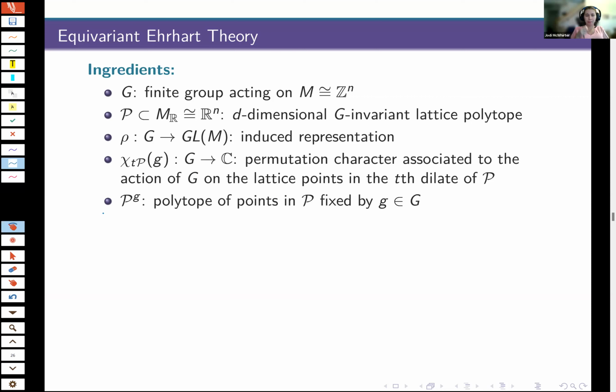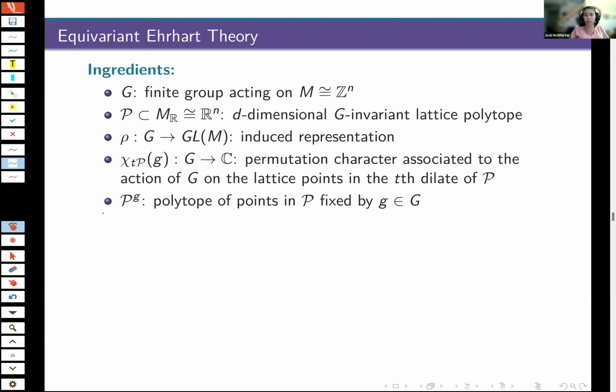For instance, one thing you could have is a centrally symmetric polytope, which means that if one vector is in your polytope, then the negative of that vector is also in your polytope. You could apply a Z2 action, which flips a vector with its negative, and that would be one example of a group action you could have on that polytope.